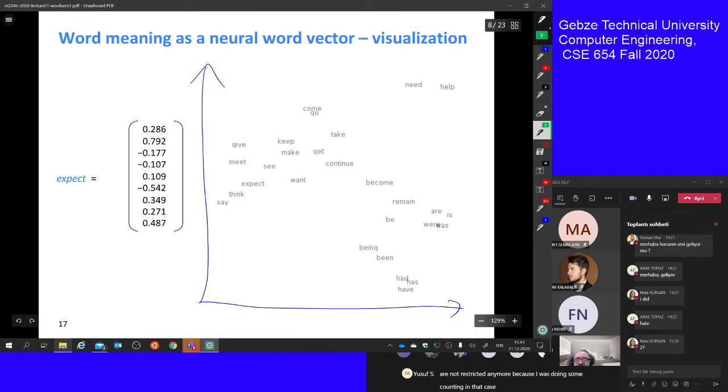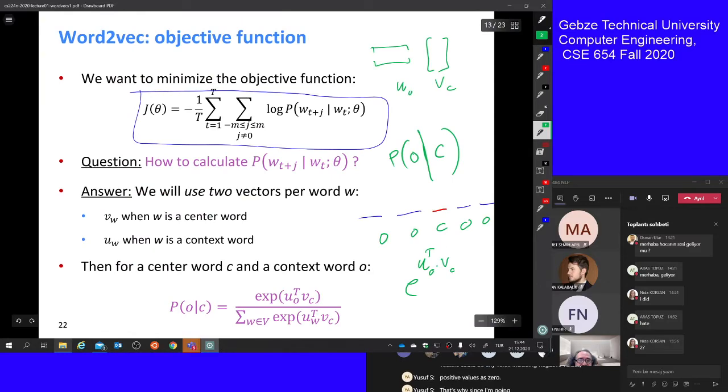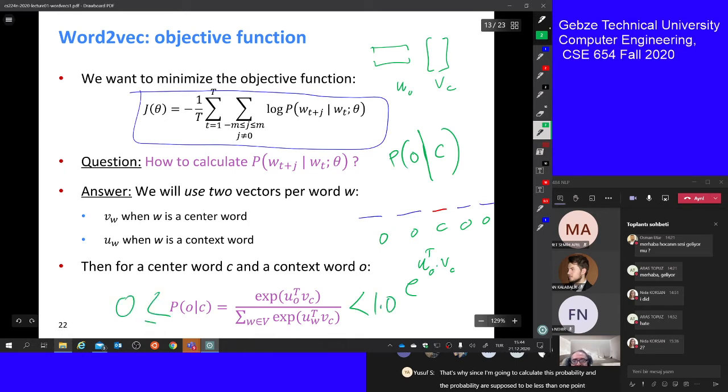Now I am not counting. So my vectors could be any value, including negative values, positive values, and 0. Since I am going to calculate this probability, and probabilities are supposed to be greater than or equal to 0 and less than or equal to 1.0, I need to make everything positive.